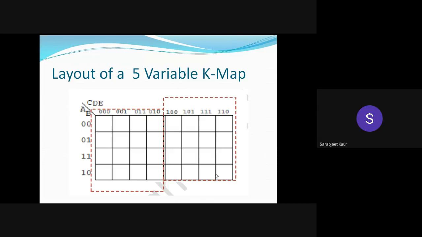Next, before we start the actual solving of Boolean expressions using the Karnaugh maps, let us just have a look at the five variable Karnaugh map as well, although it is not in your course. Let's see how we construct a five variable Karnaugh map.